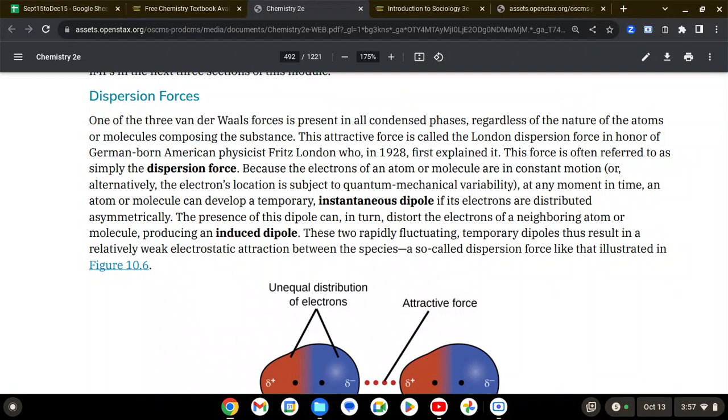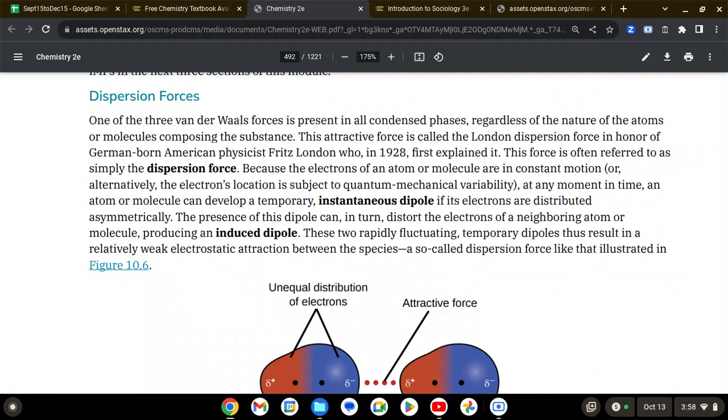This force is often referred to as simply the dispersion force because the electrons of an atom or molecule are in constant motion, or alternatively, the electron's location is subject to quantum mechanical variability. At any moment in time, an atom or molecule can develop a temporary instantaneous dipole.